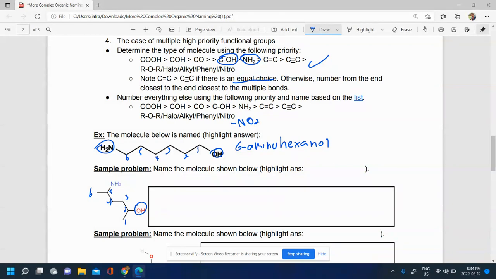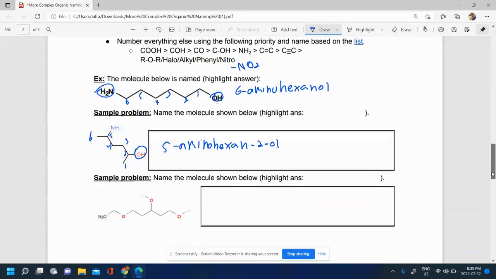We have our substituent at carbon number 5. So we have a 5-amino. And then it's a hexan-2-ol because it's at position number 2. So 5-amino, hexan-2-ol.